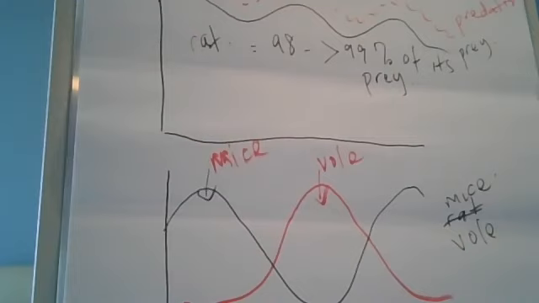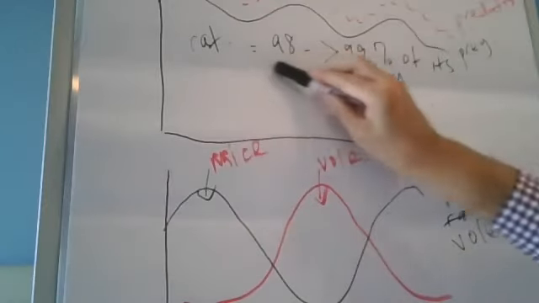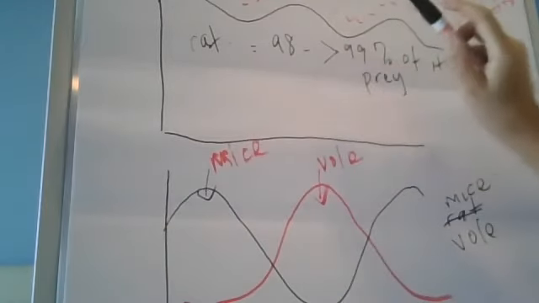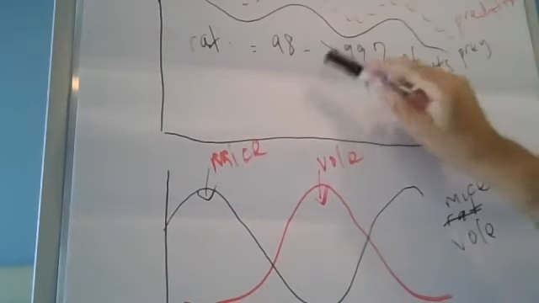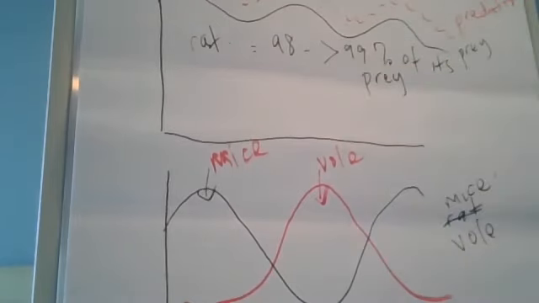Okay, now the question is, how do you know that the owl is actually preying almost exclusively on rats, almost 100%?